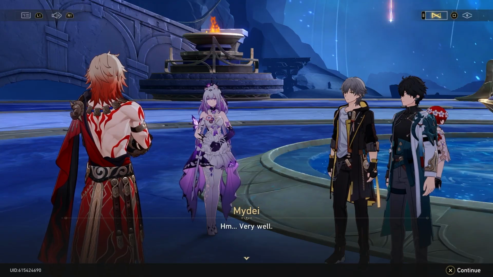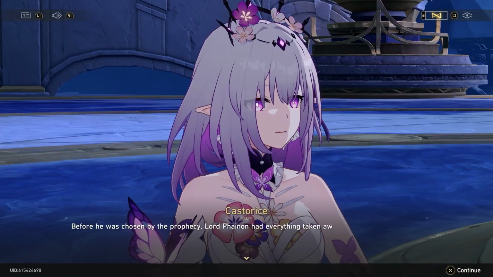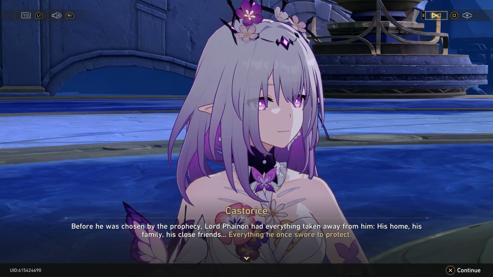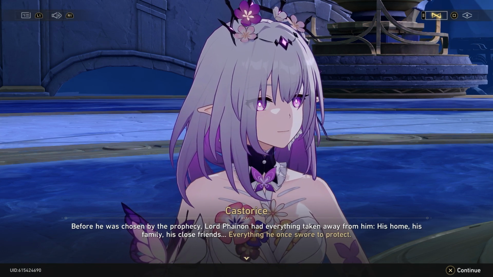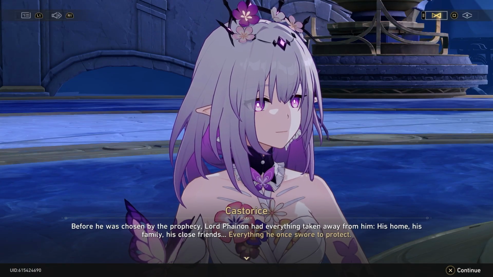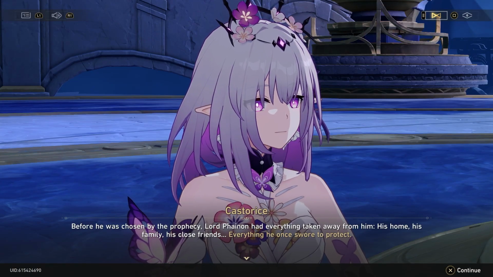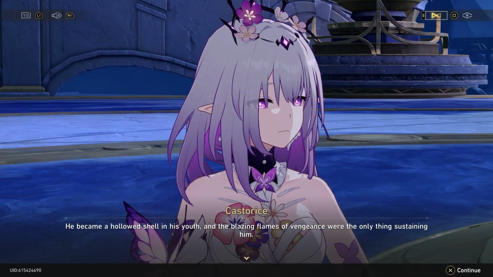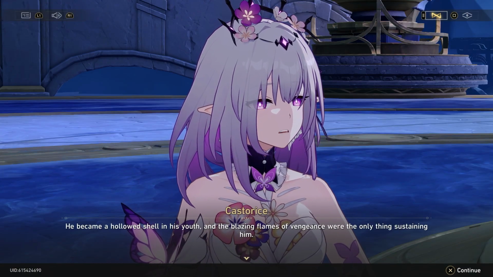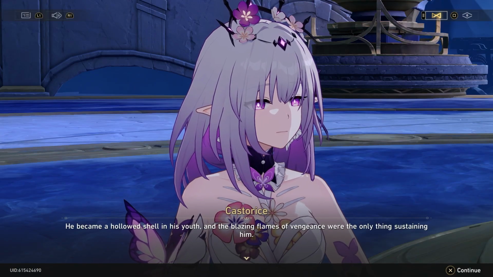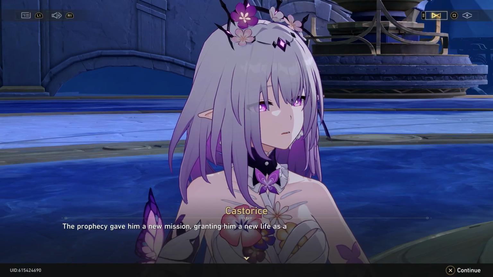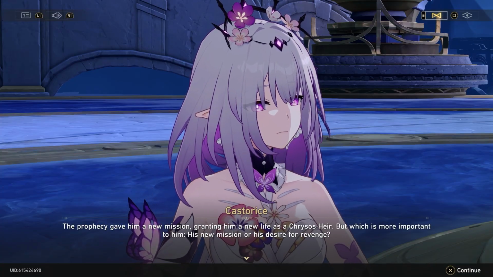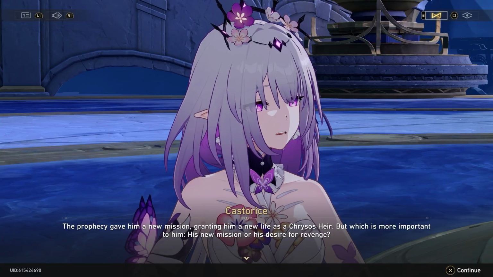Very well. Before he was chosen by the prophecy, Lord Finon had everything taken away from him. His home, his family, his close friends. Everything he once swore to protect. He became a hollowed shell in his youth, and the blazing flames of vengeance were the only thing sustaining him. The prophecy gave him a new mission, granting him a new life as a Chrysos heir. But which is more important to him?